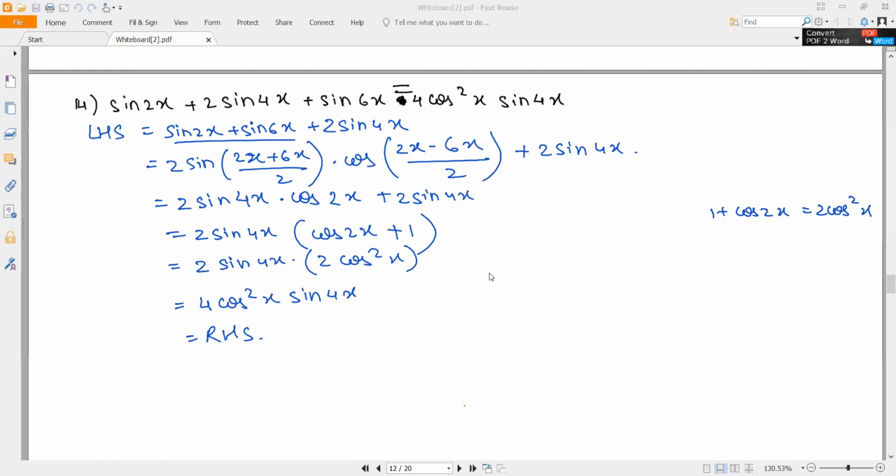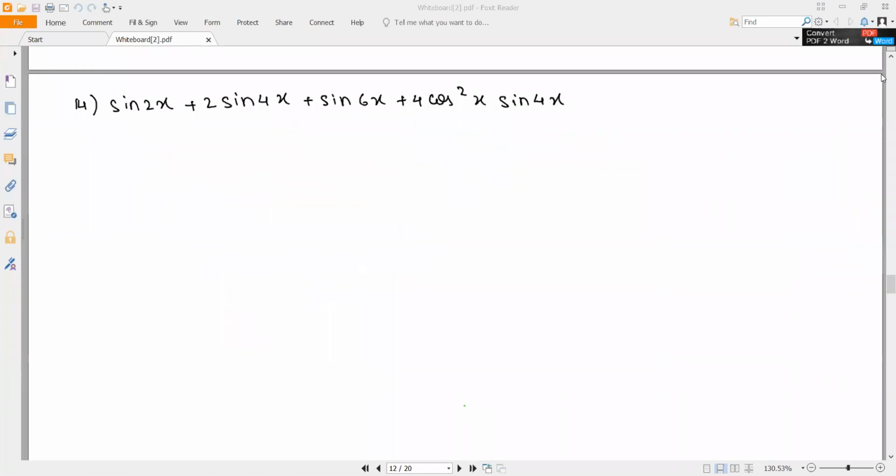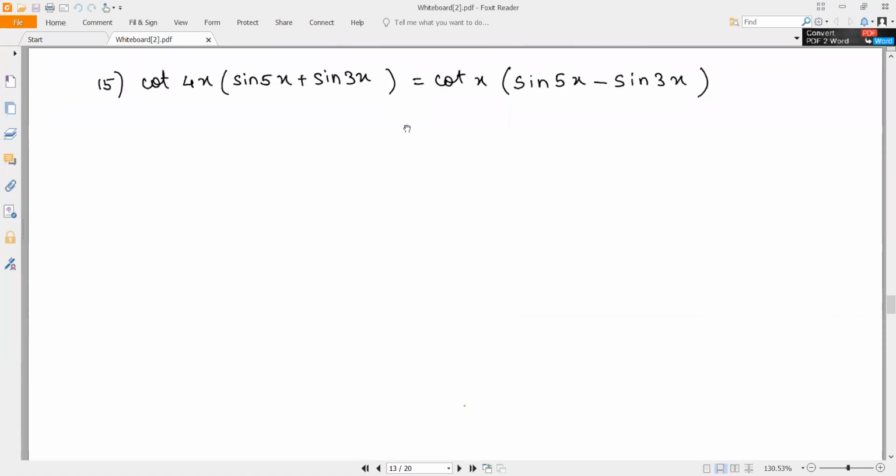Next. Cot 4x (sin 5x plus sin 3x). Your LHS is equal to cot 4x (sin 5x plus sin 3x). So you can write cot 4x as cos 4x upon sin 4x.